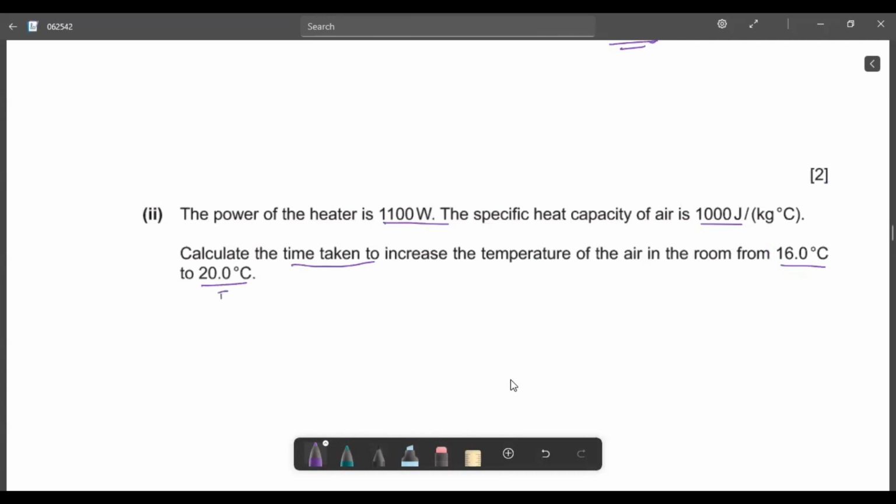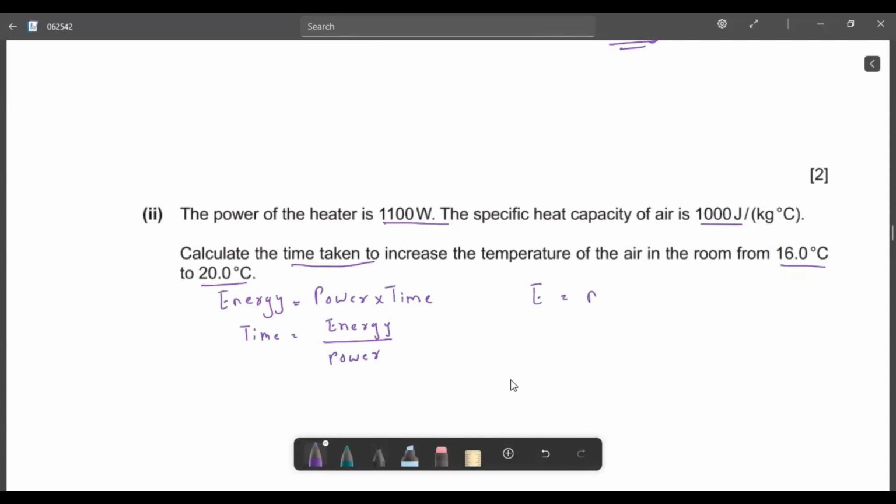There is one equation, that is energy is equal to power into time. So time can be written as energy by power. Here we need to find the energy.